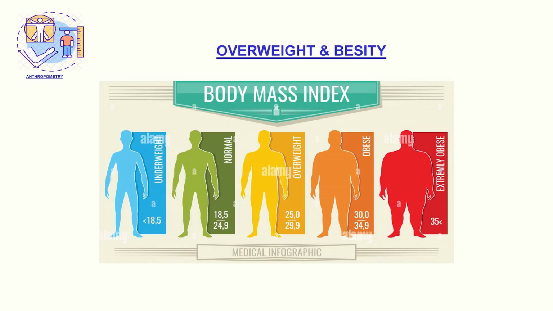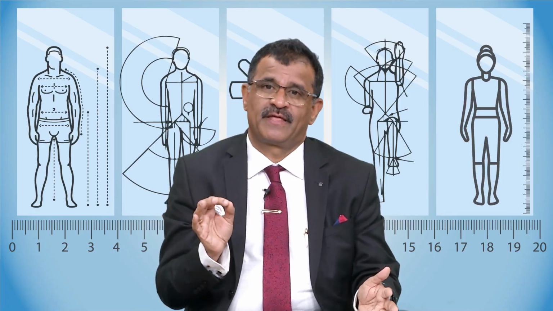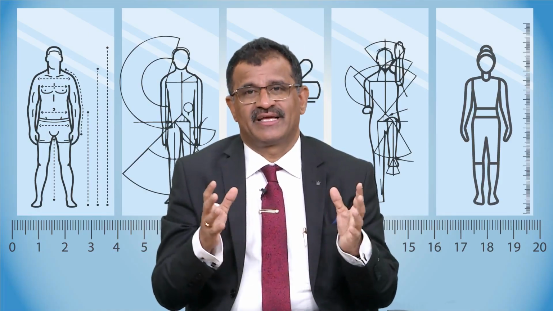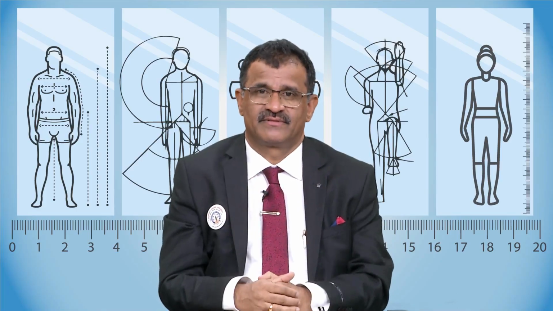And finally, if the body mass index is more than 35, such persons are termed as extremely obese. They are almost round and that is very dangerous. According to the World Health Organization, WHO, more deaths are caused by extremely obese disorders.